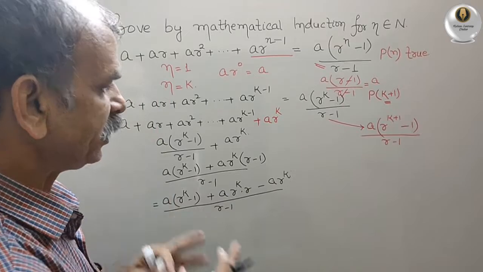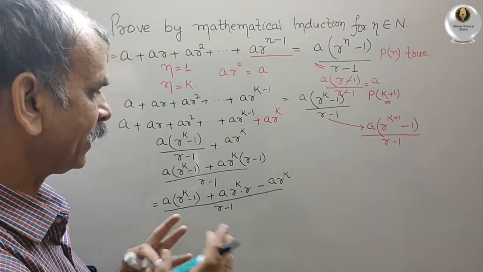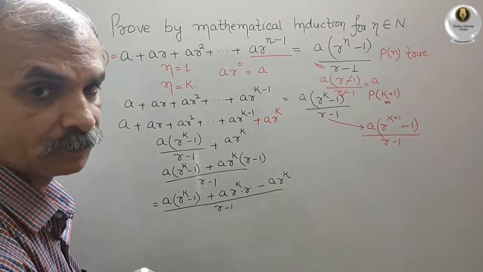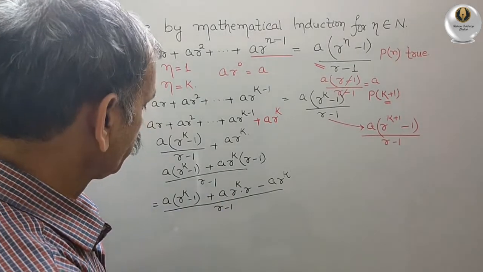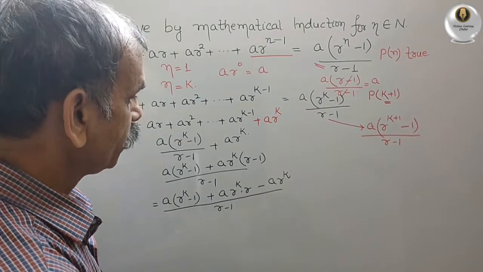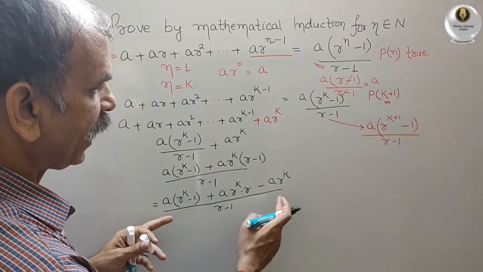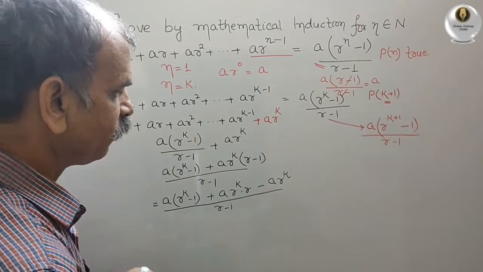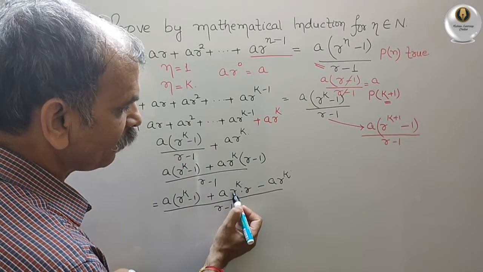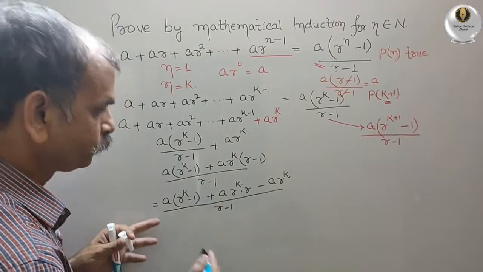If you see this, r is here. That means here it will be k plus 1.